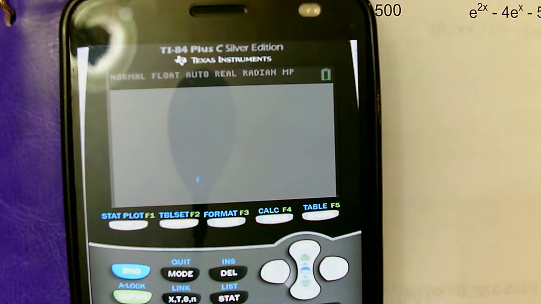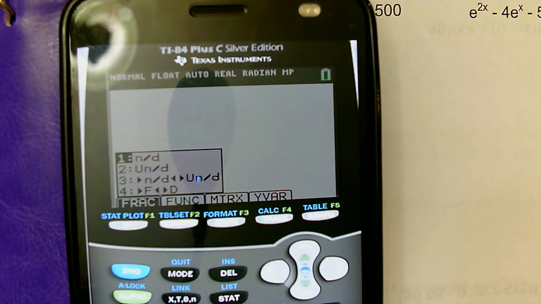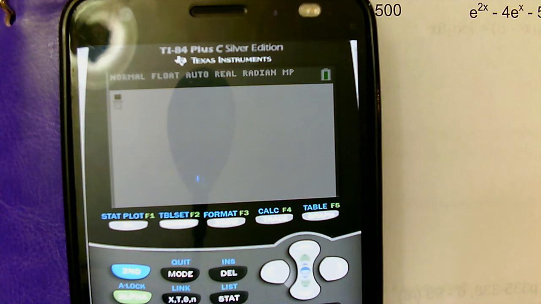So we wanted log base 3 of 80 divided by 2. So we get our fraction template out. Common log is the one right there, but that's not what we're going to use because that is log base 10. ln we're not going to use because that's log base e.